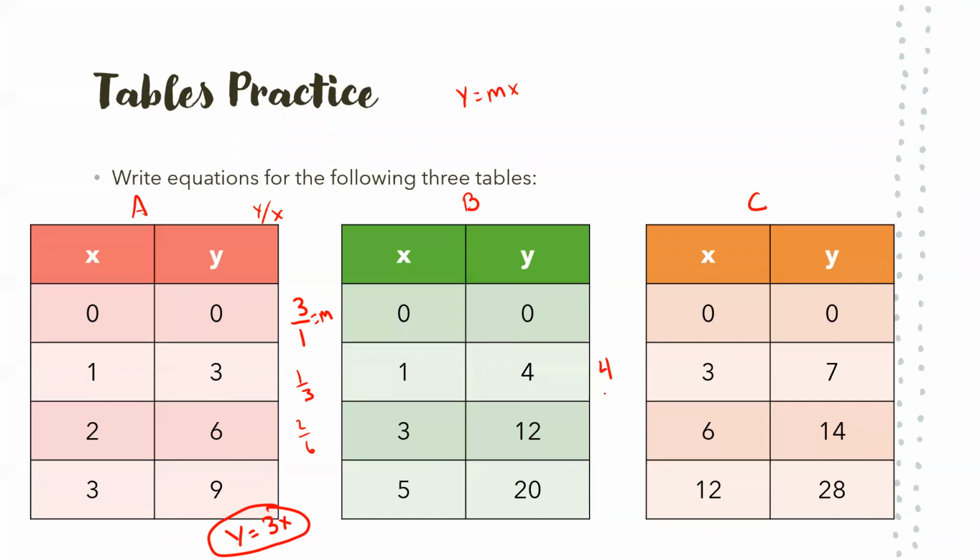And what is the corresponding x value? 1. Yep, 1. So 4 over 1 is equal to m. Now we're just going to put this into my equation. y equals, and again, we could write 4 over 1, but 4 over 1 is just 4. So y equals 4x. That easy. Everybody try it with C.